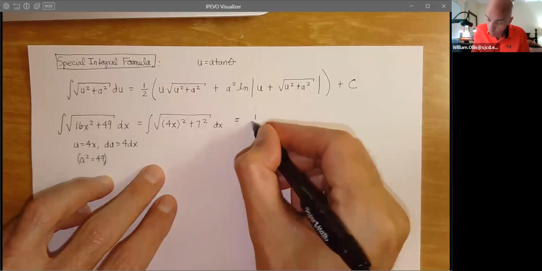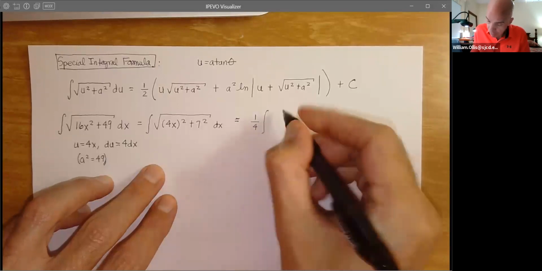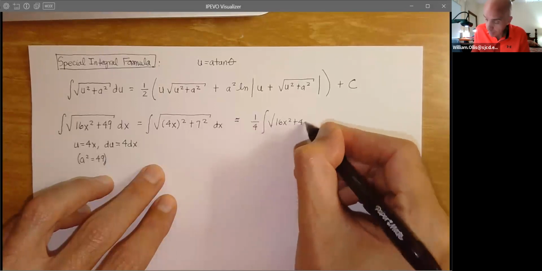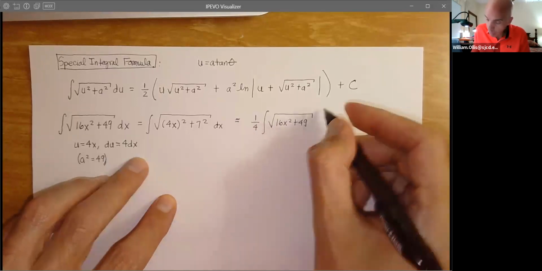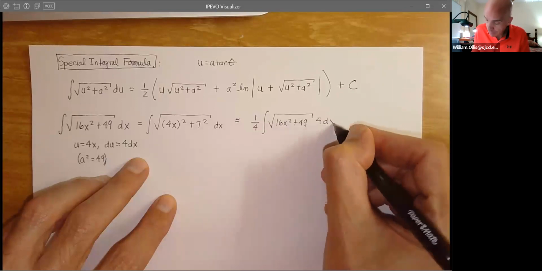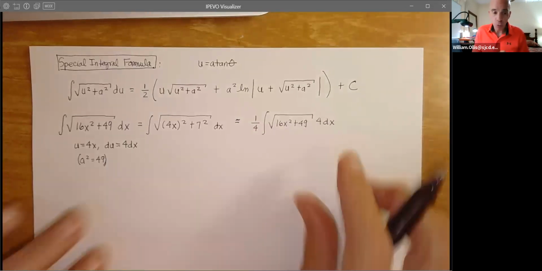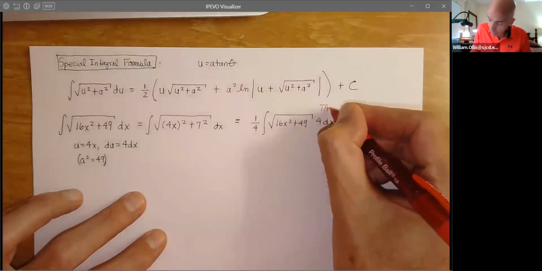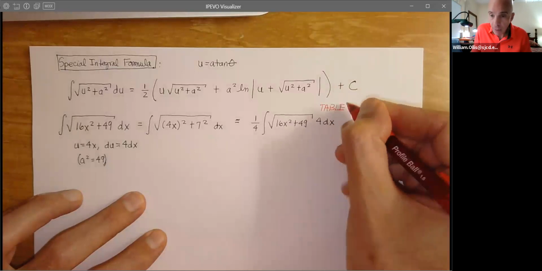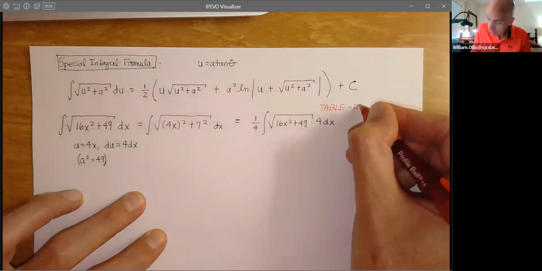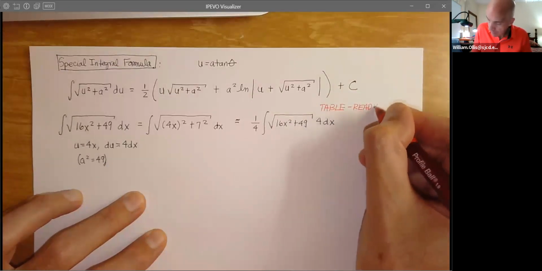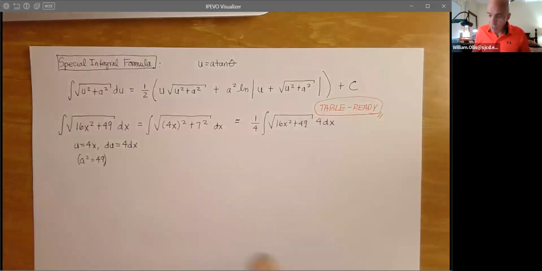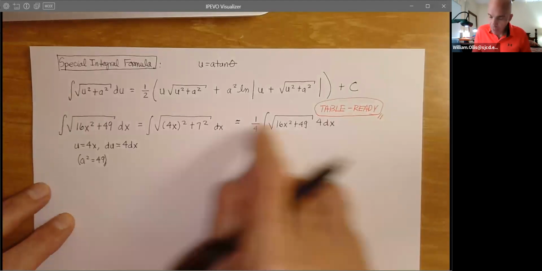So we're going to have 1/4 times the square root of 16x squared plus 49, and then we'll have 4dx. So now this is table ready.